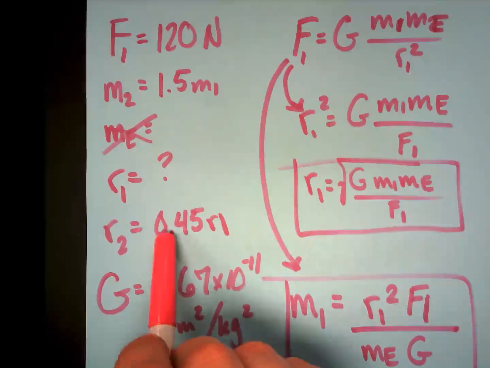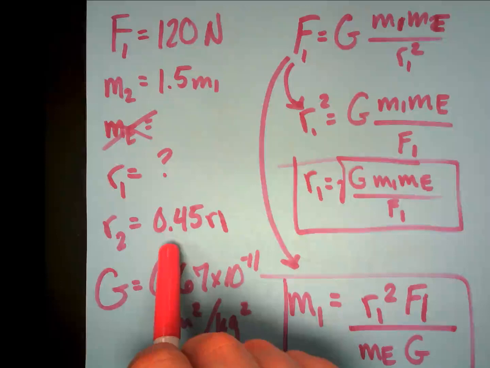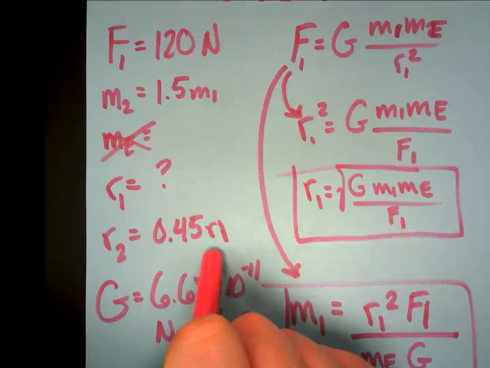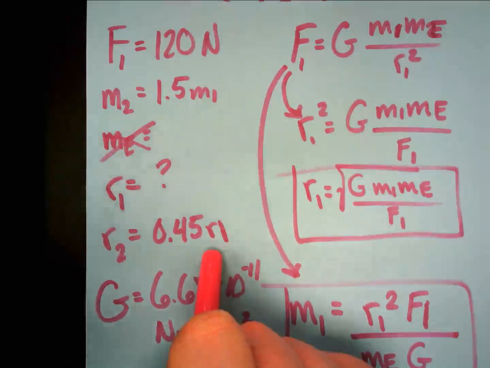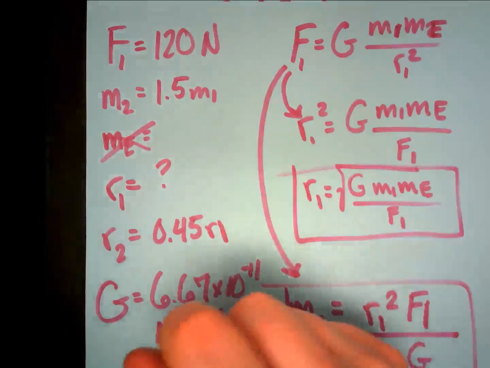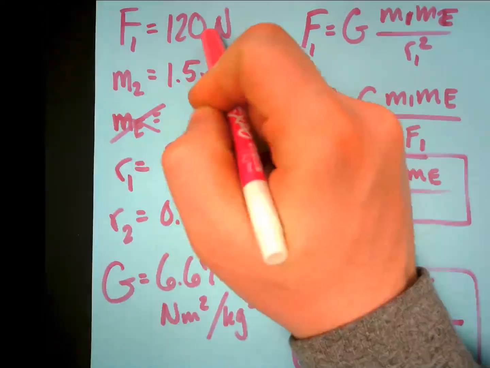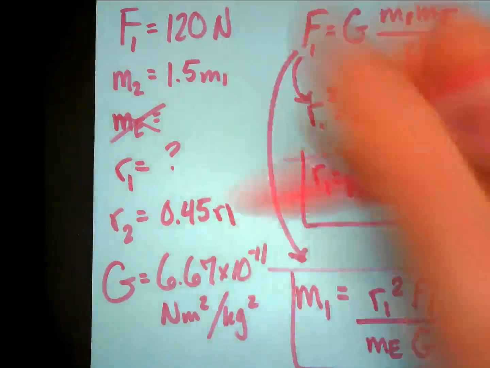We didn't know R1, but we knew that R2 was going to be roughly half, 0.45 times that of the distance between our first spaceship and the center of the Earth. We knew G, but we didn't need to use it because it canceled out. And we knew the force of gravity between the Earth and our first object, which was 120 newtons.